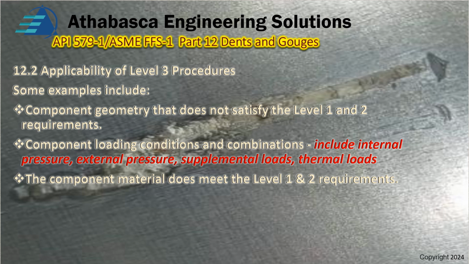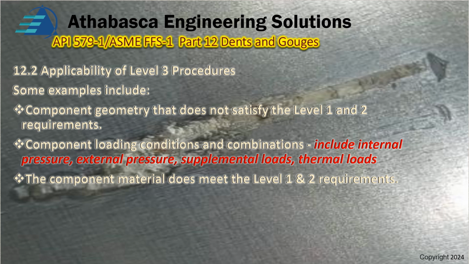The component material must meet the level 1 and 2 requirements. You have to go back to level 1 and 2 and make sure that, for example, the toughness is there in that component. You can't do the assessment, or you're not permitted, if the material is considered brittle.